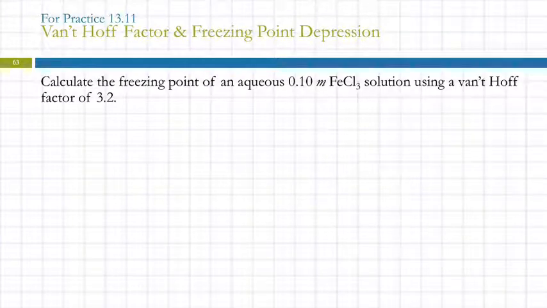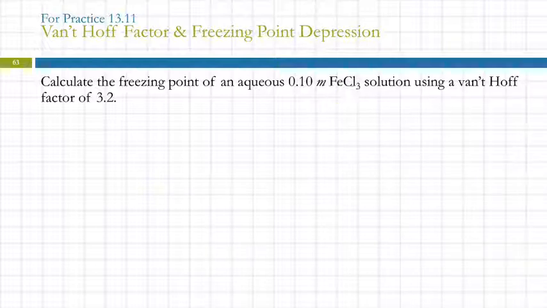Calculate the freezing point of an aqueous 0.1 molal FeCl3 solution using a Van Hoff factor of 3.2. So this is an example where an actual Van Hoff factor is given. If you're not given the Van Hoff factor or a place to go look it up, then you should just use the expected one based on the number of ions.